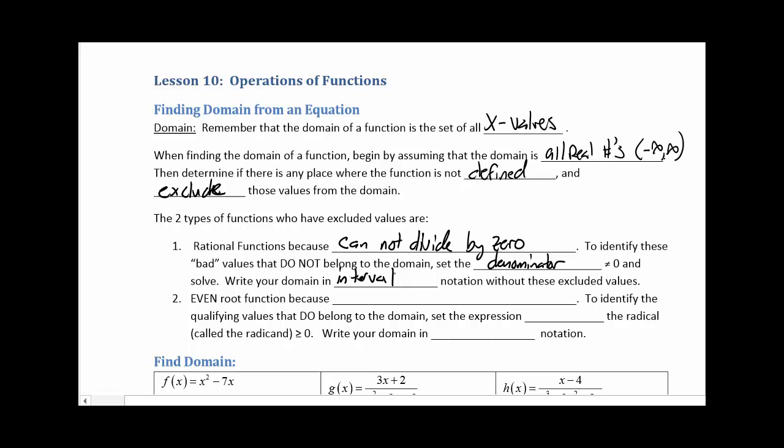Okay. Second situation we want to keep our eye out for is an even root function. These would be like square roots, fourth roots, and anything with an even powered root. Even root functions have an issue because we cannot take the even root of a negative.